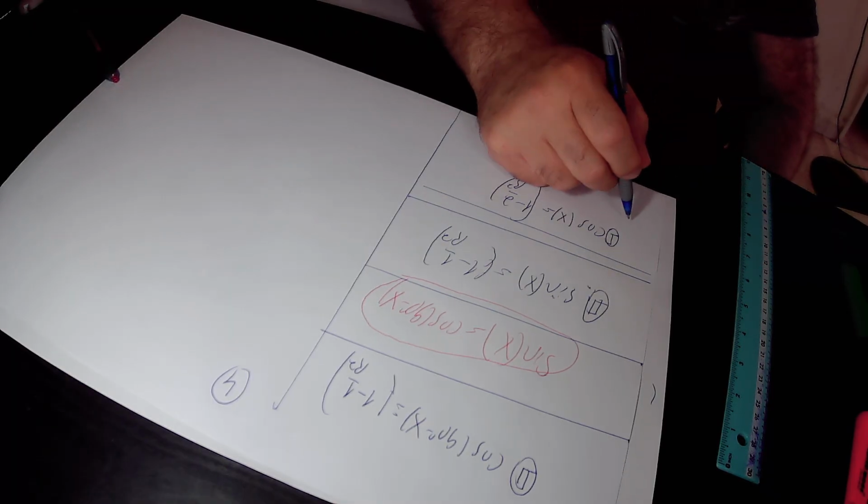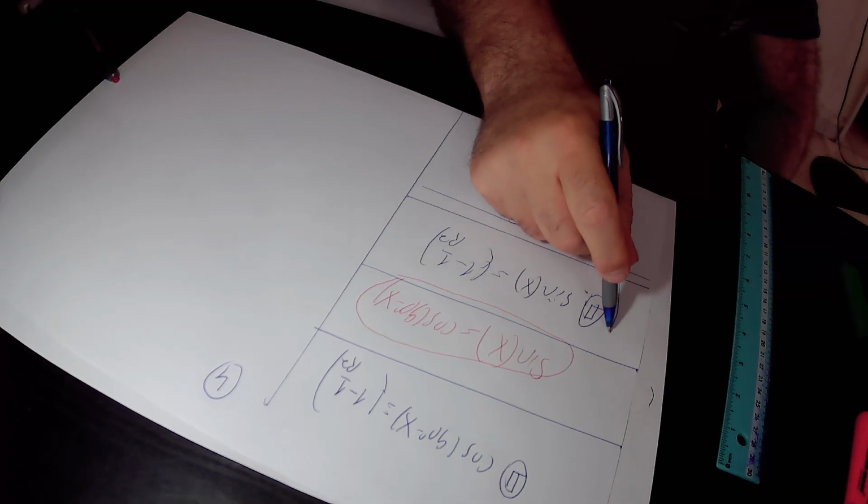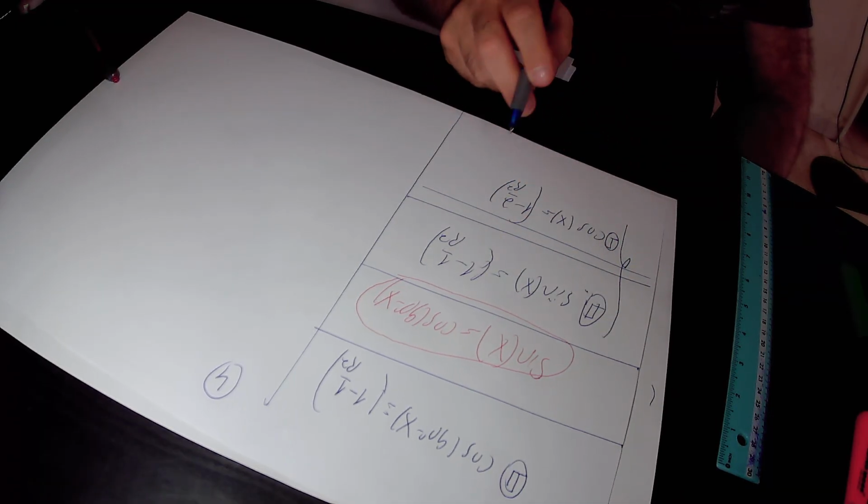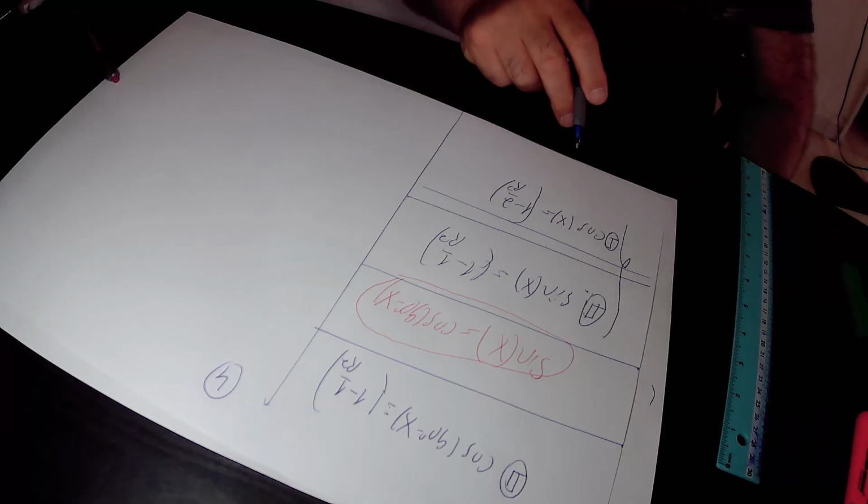So we have the values of sinus x and cosine x in terms of r. R is the radius that we are looking for in this question.